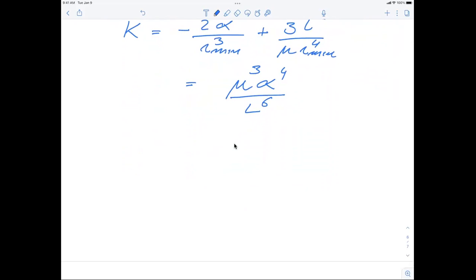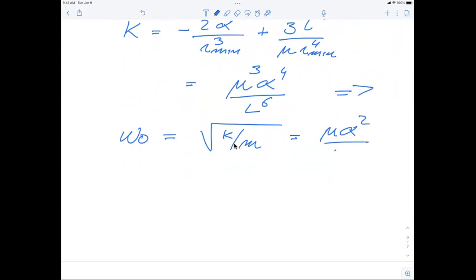Now, what we have next is the following. We can define this omega 0, if we are thinking of harmonic oscillations around the minimum of the potential, as k divided by m. If I do that, this is the same as alpha cubed divided by L cubed, and this is phi dot, which we calculated above.